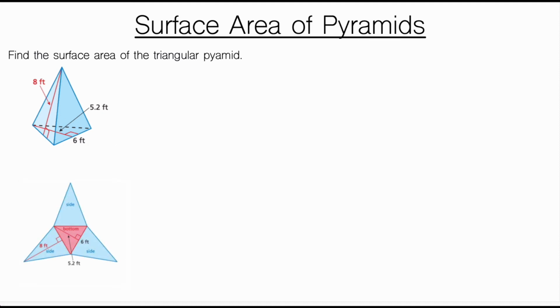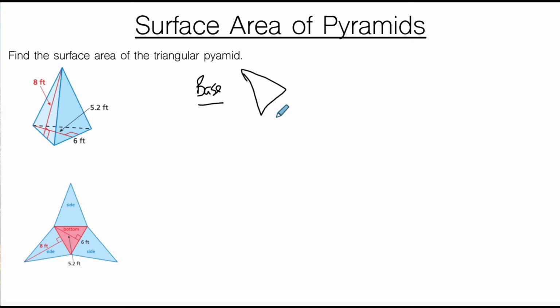Or if you're like me and can't do that very well, the alternative is to just draw all of the faces. First we have the base, which is a triangle. To find the area of the triangle, I need to know that it has a base of 6 and a height of, that's supposed to be a dotted line, a height of 5.2.